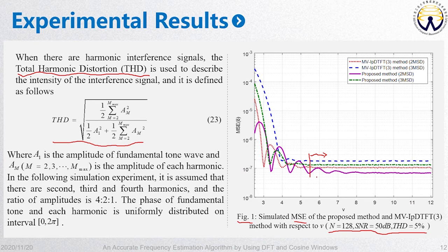When v is greater than 2.51 and less than 5.5 and delta is close to 0.5, the MSE of the proposed algorithm with the two-term MSD window is the lowest. When delta is close to 0, the MSE of the MV-IPDTFT3 algorithm with two-term MSD windows is the lowest.